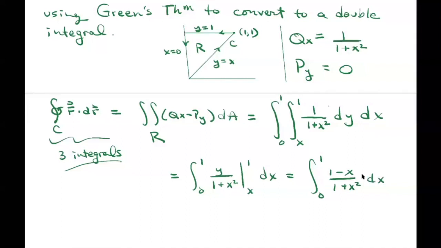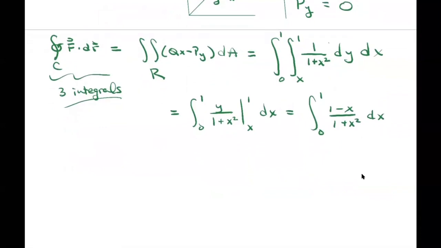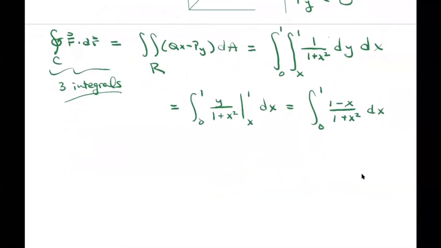I think I have to split that into 2 integrals to evaluate it. I don't think I'm smart enough otherwise, so I would say integral 0 to 1 of just dx over 1 plus x squared, and then minus the integral from 0 to 1 of x over 1 plus x squared dx, like that.